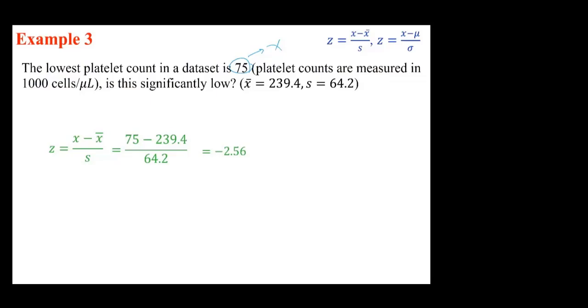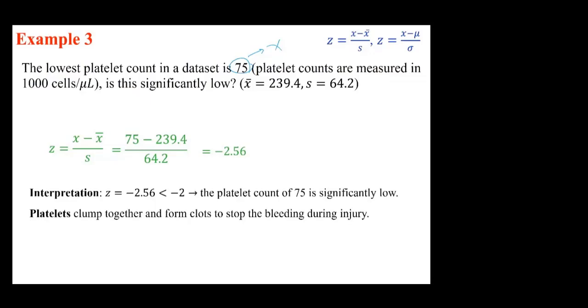Now, if you recall, the range rule of thumb says mu plus or minus 2 sigma is fine and beyond is unusual. If this number is larger than 2 or smaller than negative 2, it is unusual. That's basically it. So you have your answer there. Z is less than negative 2 and therefore is significantly low.